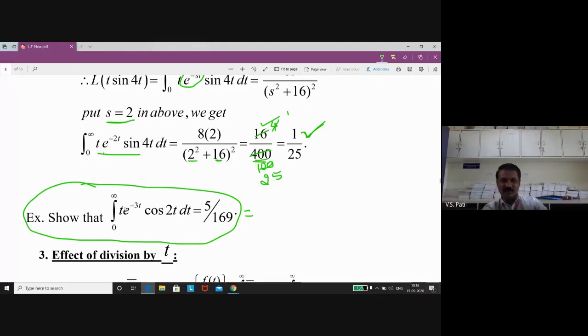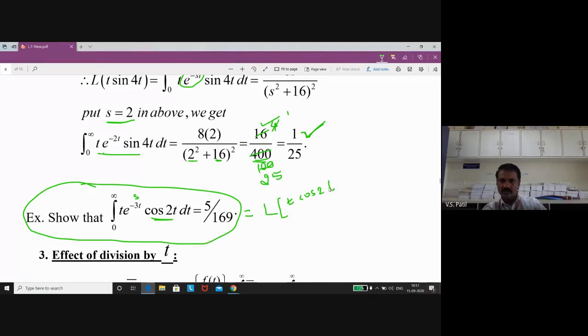See, again, using the definition, cos 2t is there. If you put e to the power minus st here, by the basic definition you will get the Laplace transform. Your LHS is converted to the Laplace transform of t into cos 2t.